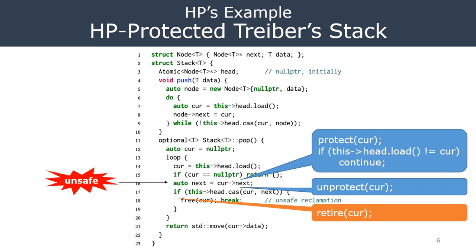So in effect, this retire is just writing down my intention that this cur must be deallocated at some point of time, but it may be the case that it is not now. We need to wait for other threads to finish accessing the same node.